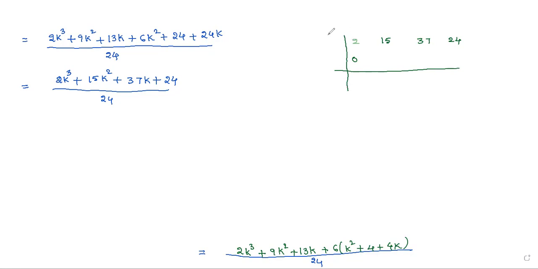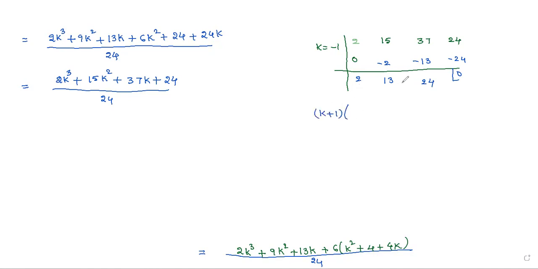So k value substituting -1: 0, 2 plus 0, 2; -1 into 2, -2; 13, -13; 24, -24. So k is equal to -1, transposing left side, k plus 1.